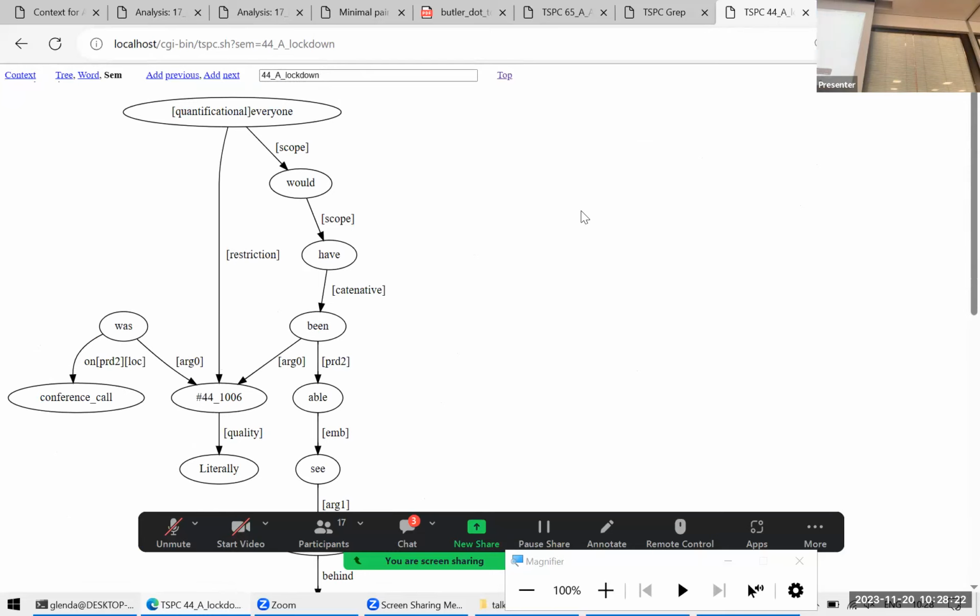And then this is the nuclear scope, would have been able to see behind me. But how do you make sure that the was is in the scope of the quantifier? It's linked via this guy. But it's linked from the top, not from the bottom. No. Well, it's linked through a restriction line.